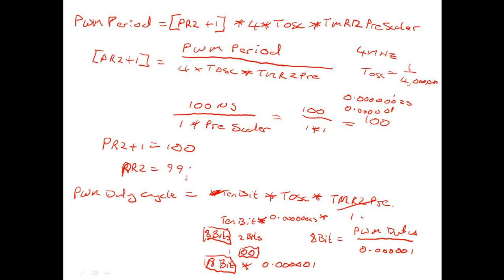So imagine I wanted to be on for 30 microseconds. That would be 0.000030, and that would divide in 30 times. So my 8-bit number would be 30, and I'd put that number into it. So just remember those details. That's how we do it.